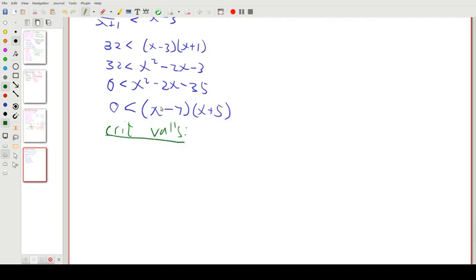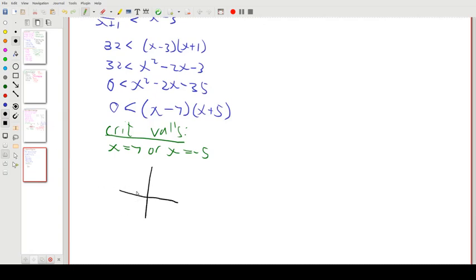Right, so if this bracket equals 0, then x must be 7, or if this bracket equals 0, then x must be negative 5. Right, and what do the critical values help us with? Well, they help us on our graph to identify exactly what we're looking for.